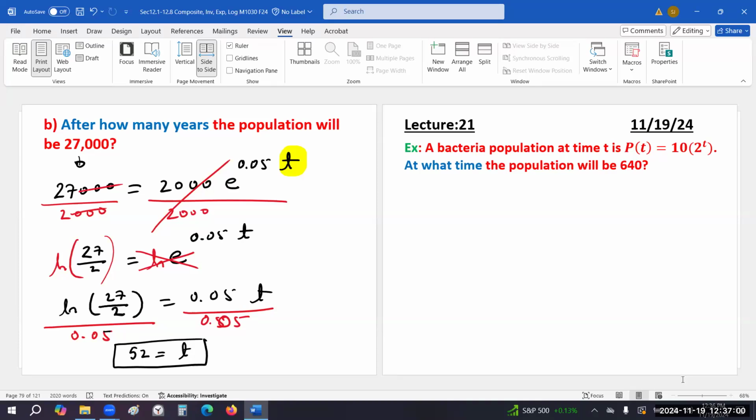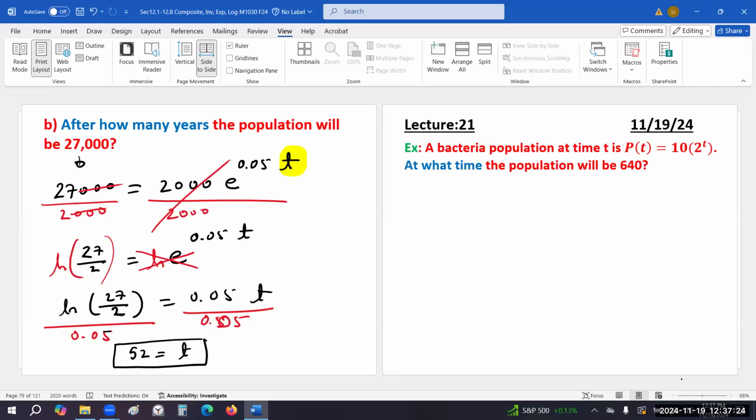That means we need to apply the rules we learned from solving the 5 types of exponential equations. Actually, the first 3. For the first 3 types, we don't use a calculator, and the fourth and fifth ones need a calculator. So this is from the first three types of exponential equations.